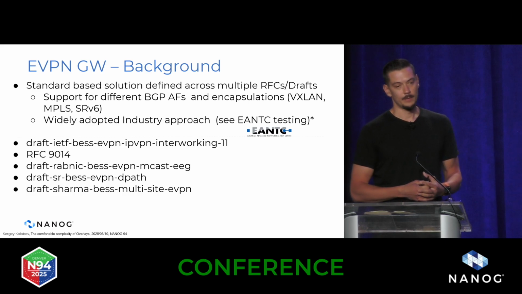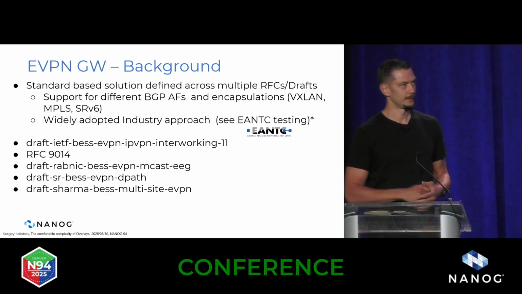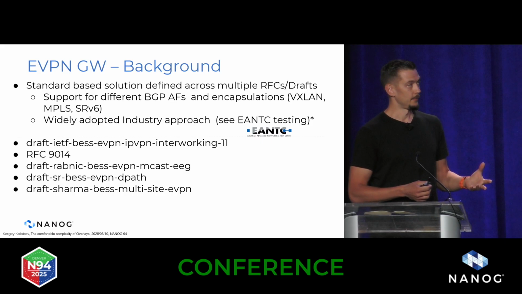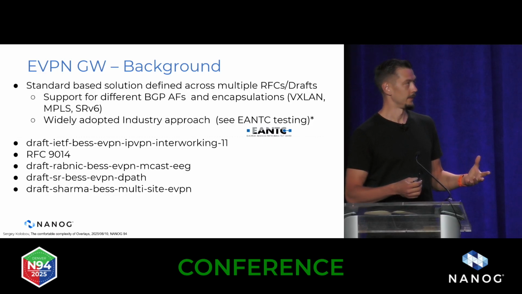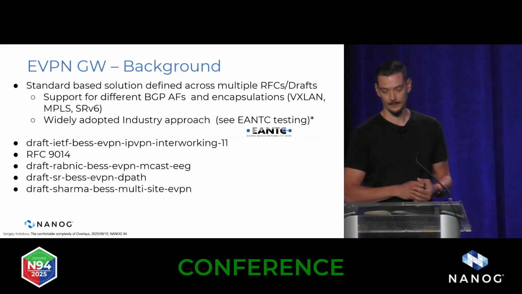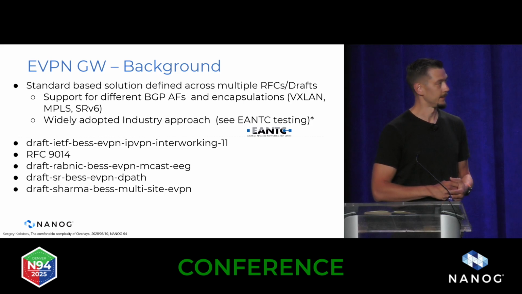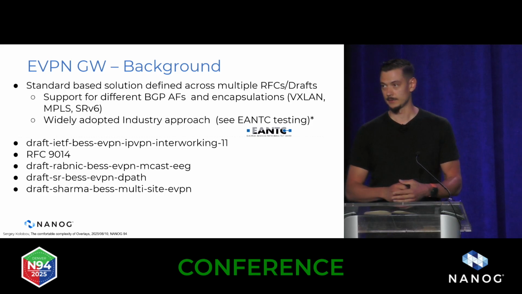And speaking about the interop, I think it's one of the main points of my presentation here: EVPN is not only providing us with a single overlay and underlay solution, but it also can be helpful when we need to support multi-vendor environments. The European Advanced Network Test Center runs tests every March and publishes results in April.